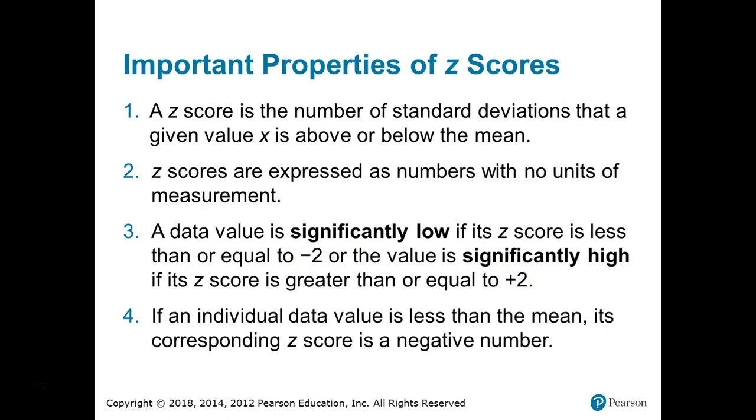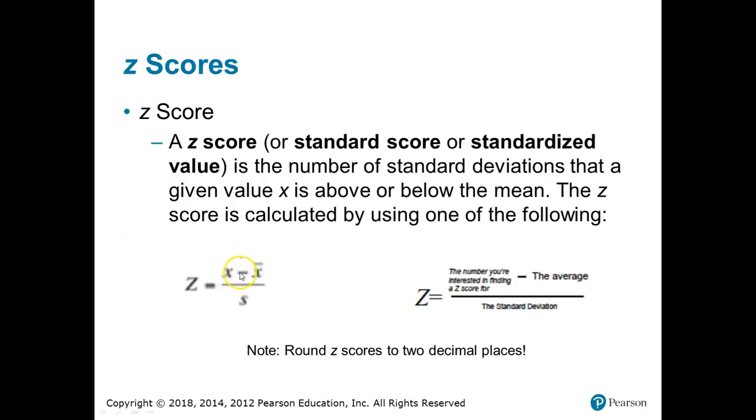If an individual data value is less than the mean, its corresponding z-score is a negative number, because you're subtracting a larger number and you get a negative value. If the x you're looking at is larger than the mean, you get a positive value. A larger number minus a smaller number is positive, and standard deviation is always positive.